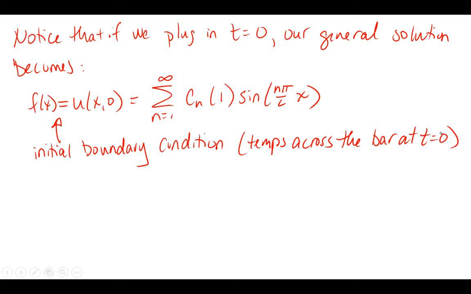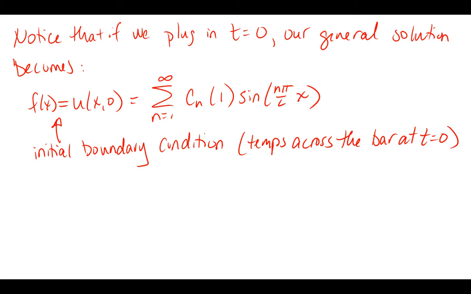And remember, when we were framing this question, we said that one of the things I'm going to have to be told in a problem is how the temperatures look, or what the temperature profile is at the start of the experiment. That's obviously time 0.